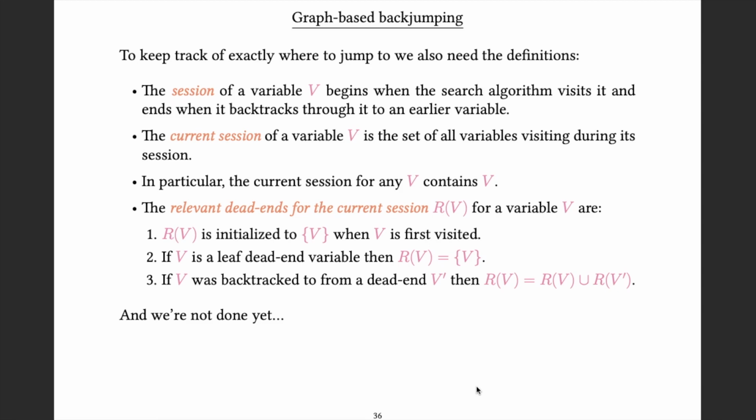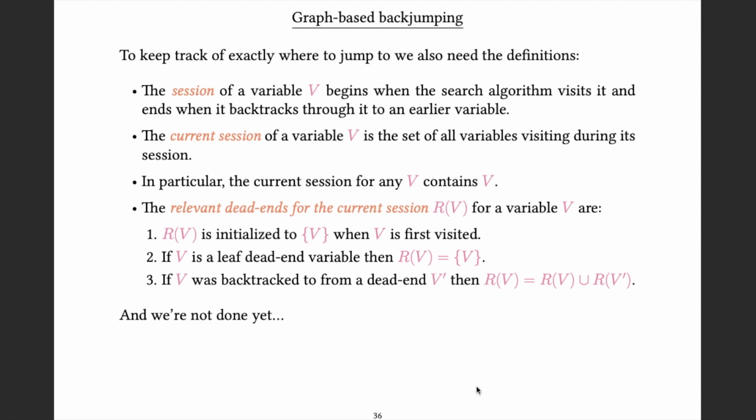The relevant dead ends for a current session for some variable v include v itself, and that's how the relevant dead ends for v are initialized when v is first visited. If v is a leaf dead end variable itself, then its relevant dead ends only include itself.